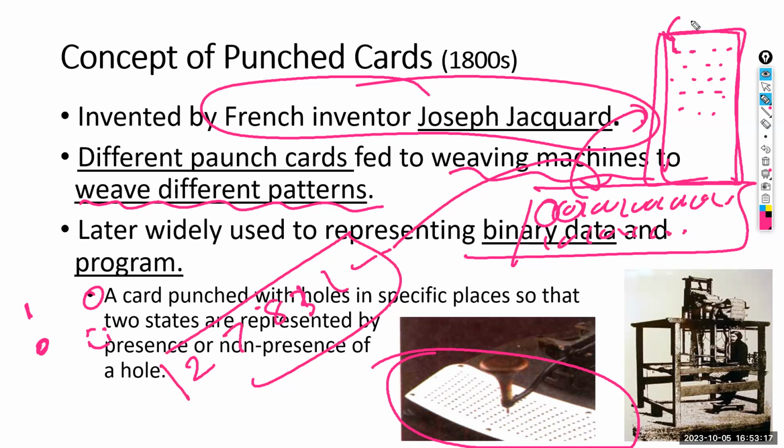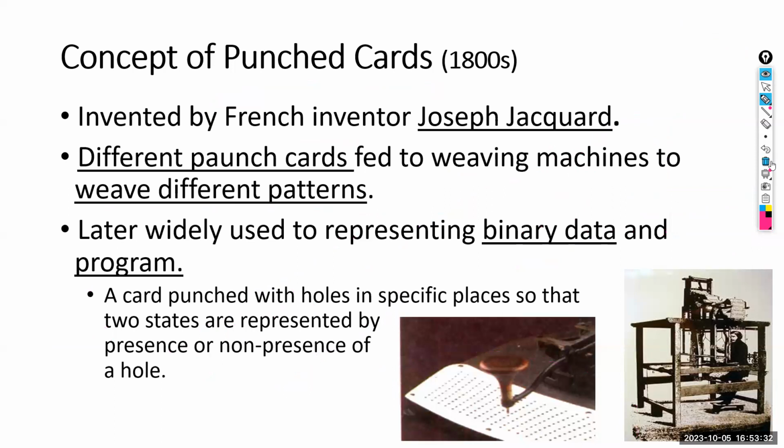If you don't have punch, the hook will just float around it. It is not fit into that, right? So that is the concept of binary program, or basically the concept of program. Though it was not used for computing.